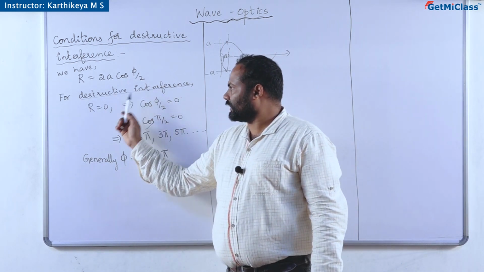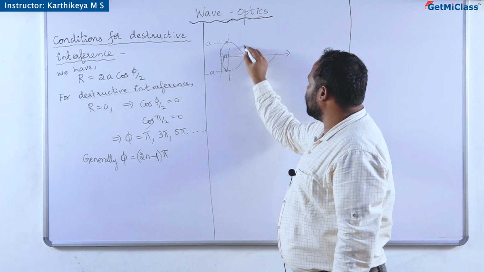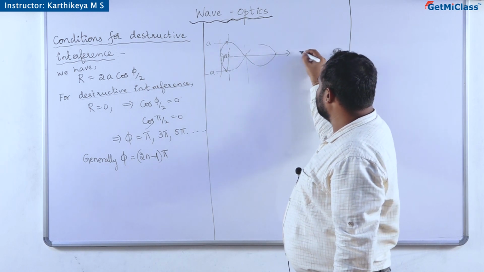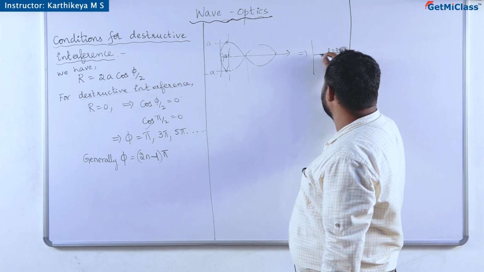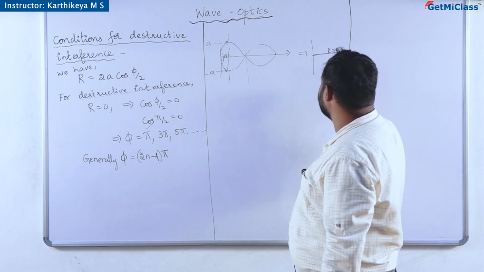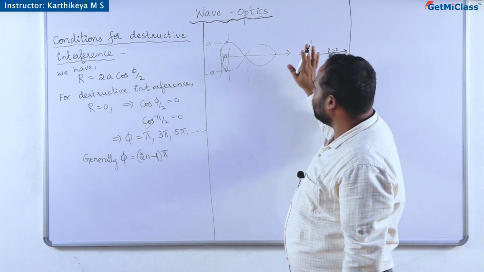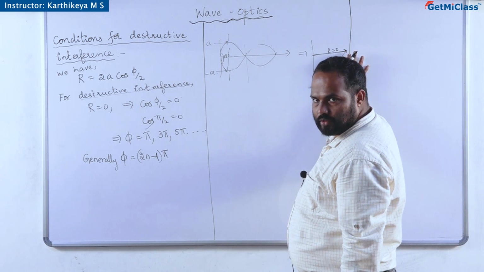So for destructive interference, the resultant wave will have resultant amplitude 0. So you will get a flat line, so that no intensity is observed.